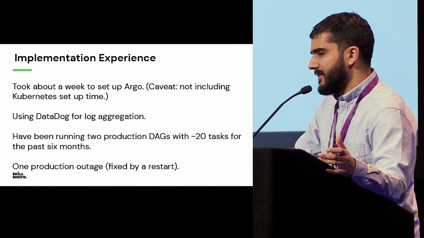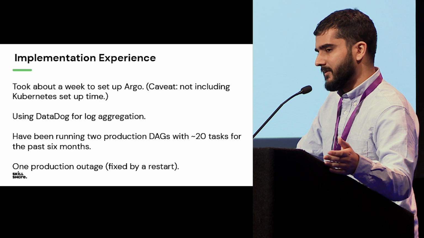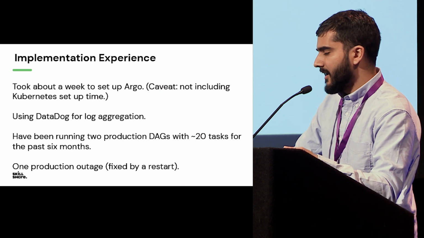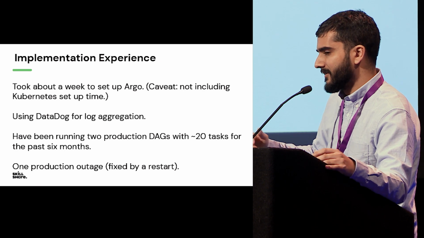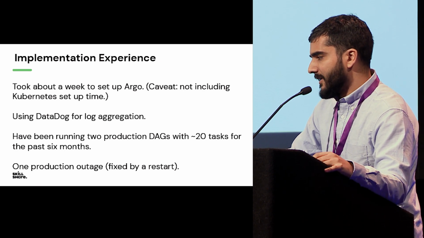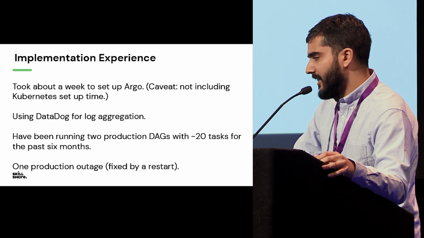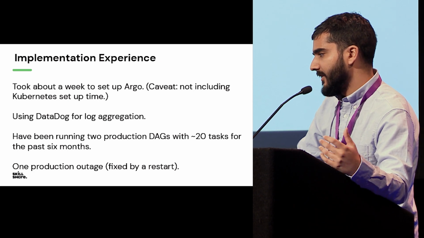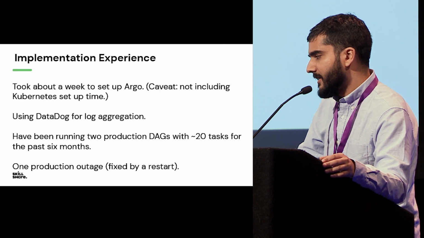I would say that if you are not running Kubernetes at all, setting up Kubernetes and Argo at the same time is maybe a little ambitious and something you should think about carefully. But if you already have Kubernetes set up, definitely check out Argo. The trade-off is more time upfront, but then the operational time has been cut down a lot.